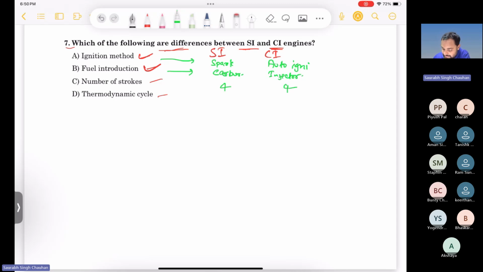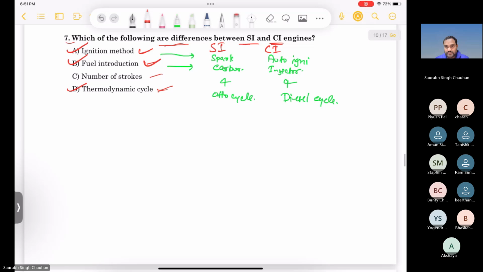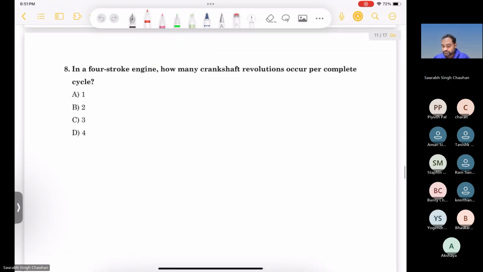Thermodynamic cycle in SI engine is the Otto cycle. In diesel engine it is the diesel cycle. So A, B, and D, these three options are correct. Is there any doubt? If there is no doubt, then we will move to the next question.